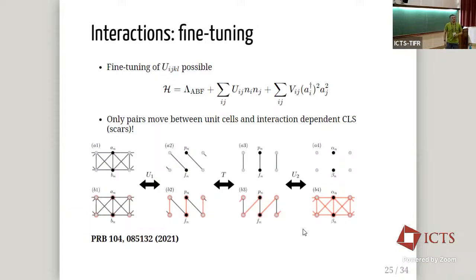And this also immediately tells you that there should be trapped particles, since if you happen to have on some site, say if you consider bosons, an odd number of particles, one of them has no chance of moving because you're always changing the occupation number of any given site by 2. This leads, again, to quantum scars, which in this case might depend on the interaction strength due to the density-density terms.